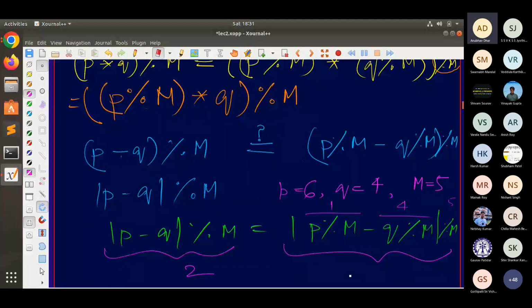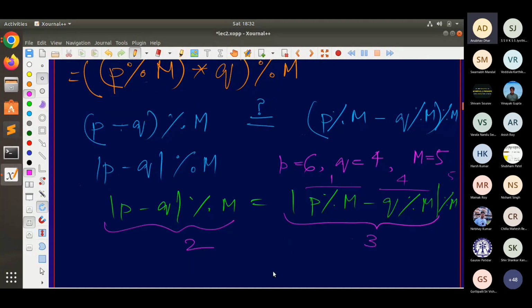Sorry. This is 1, this is minus 4, so this is minus 3. So the entire thing is plus 3 because you've taken the absolute value. And then you're taking modulo 5, so it gives you 3 back. So if I'm not making some arithmetic mistake, this is also not always true.